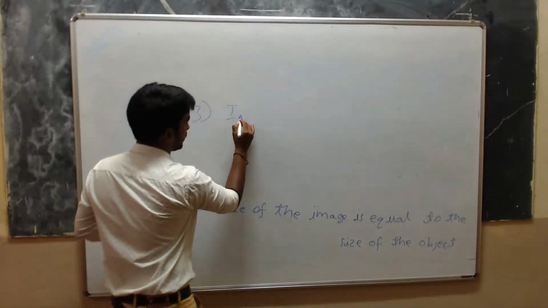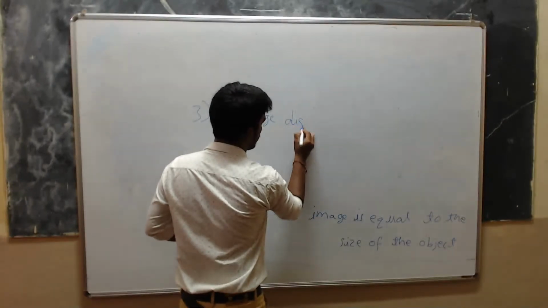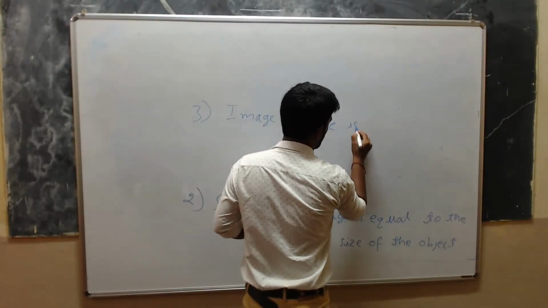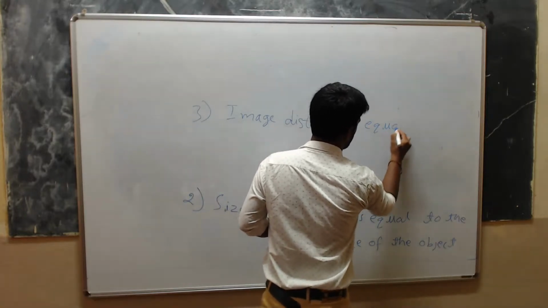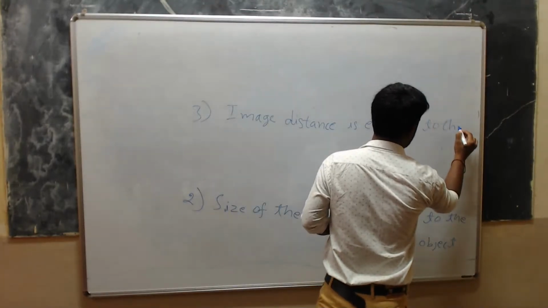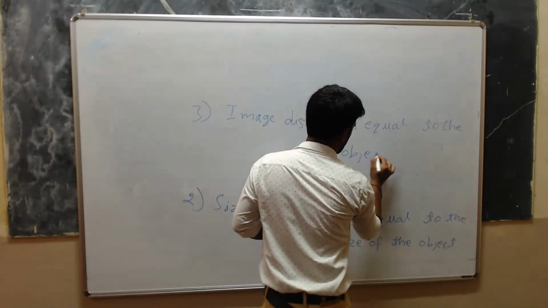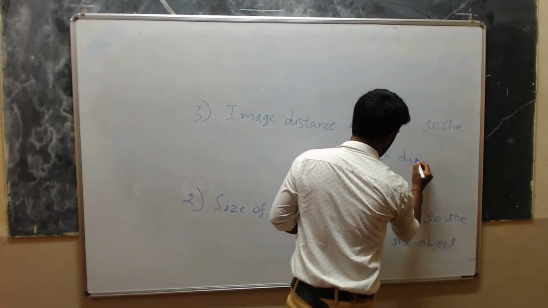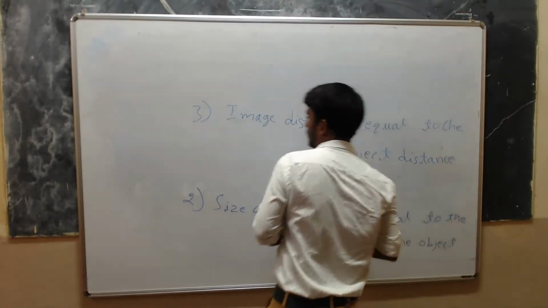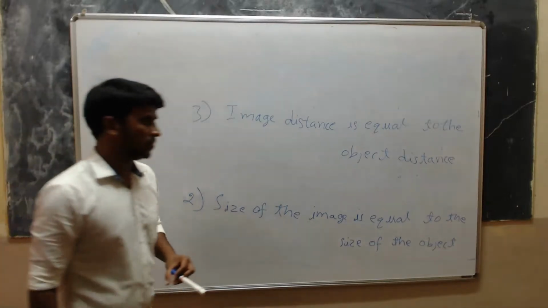Third one: image distance is equal to the object distance. So these three are the properties of a plane mirror.